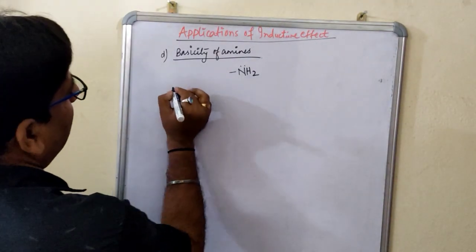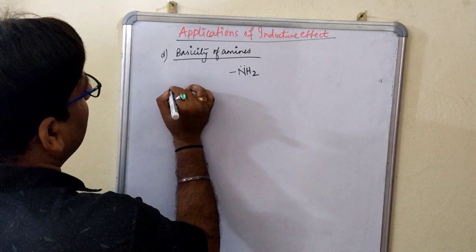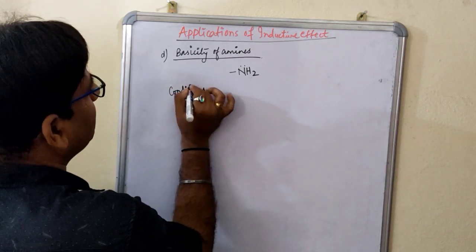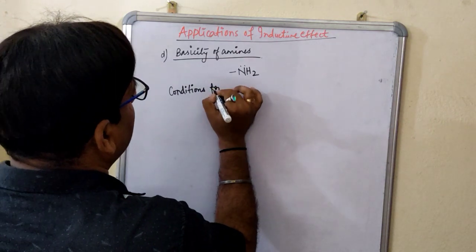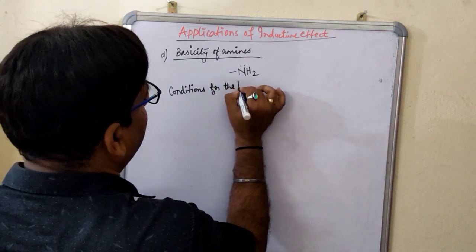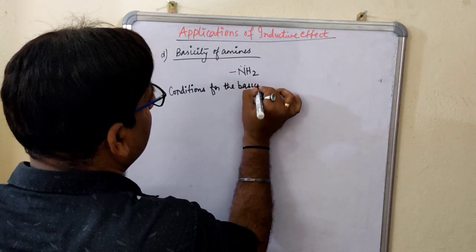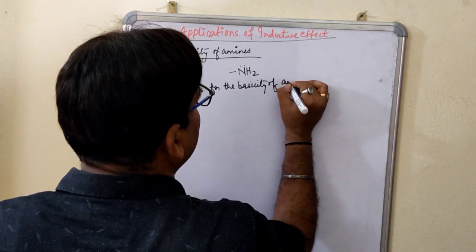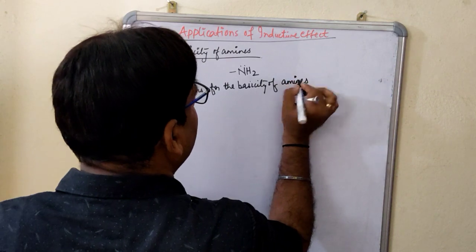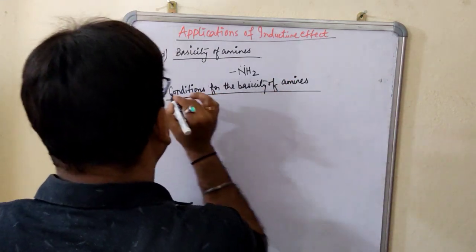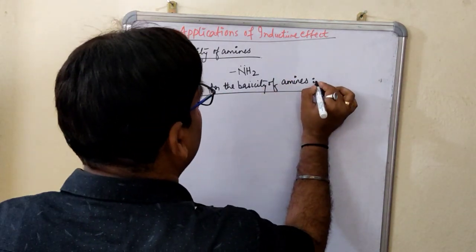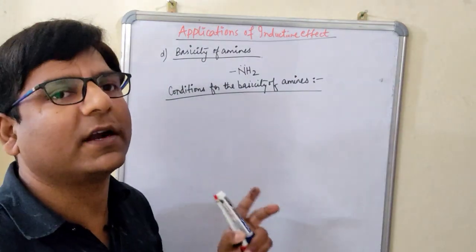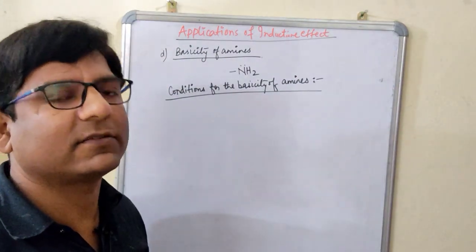Now, before going to this, let us know the conditions for the basicity of amines. What are the conditions that need to be followed? The basicity of amines depends upon two conditions, and these two conditions must be satisfied.